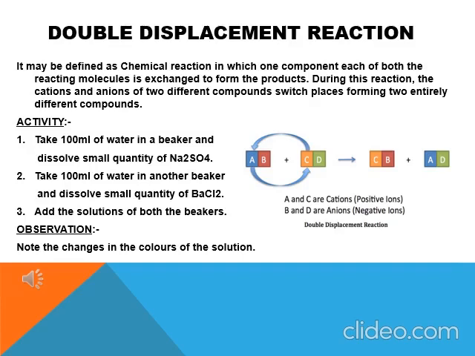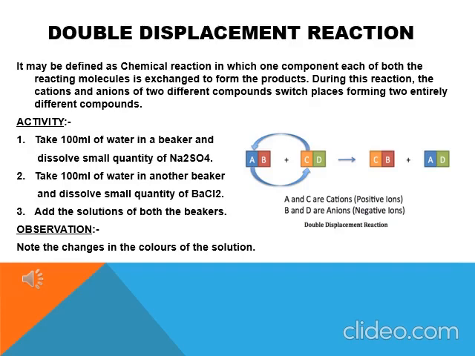So during this reaction, the cations and anions of two different compounds switch places, forming two entirely different compounds. We already know that in one compound one part is a cation and one is an anion. So in both these compounds, the cations and anions will switch their places to form two entirely different compounds on the product side.